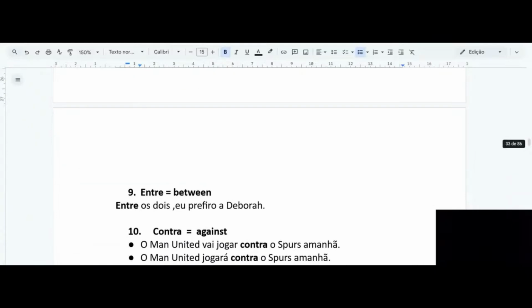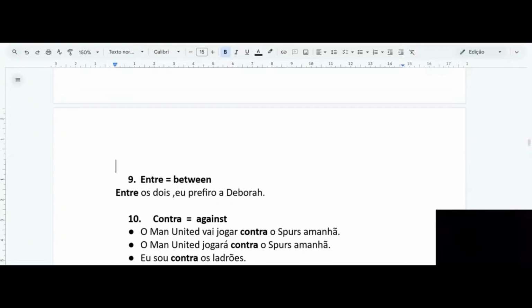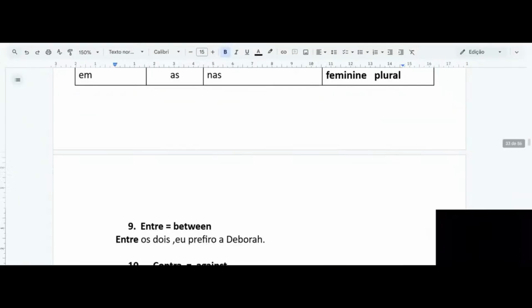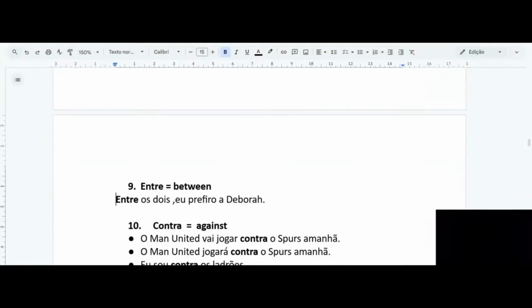Let's move on to number 9. Number 9 is so simple. Entre means between. If you have a question, you can ask. So between: entre os dois, eu prefiro a Débora.